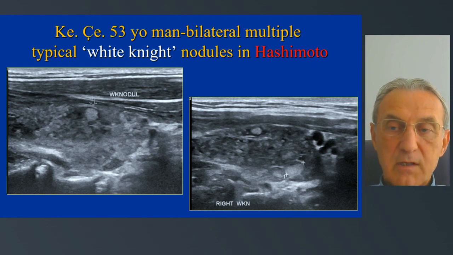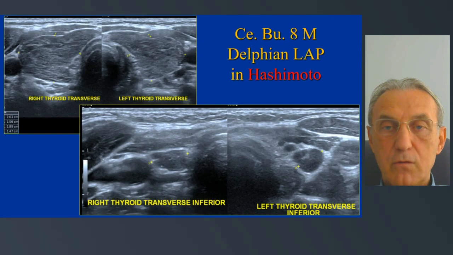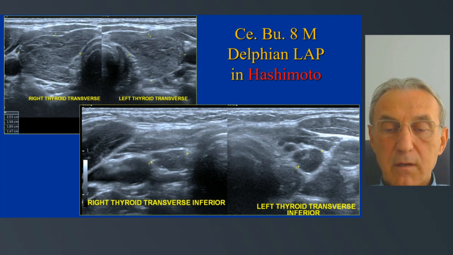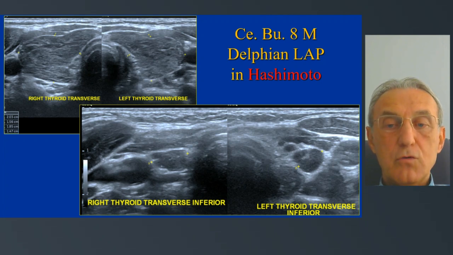So these are spheric, tiny, homogeneous echogenic nodules. Another feature of Hashimoto disease is the Delphian lymph nodes, as you see here. The Delphian lymph nodes are usually anterior to the isthmus, in the midline, or inferior, caudal to the thyroid gland.